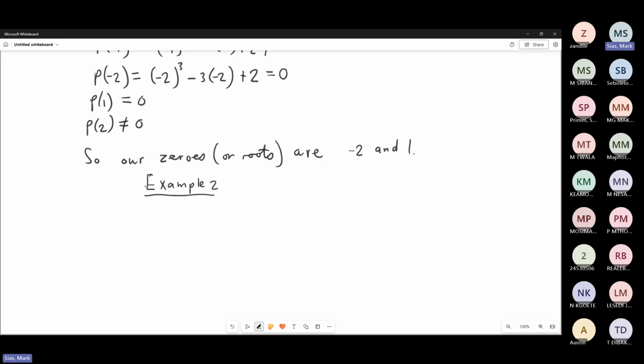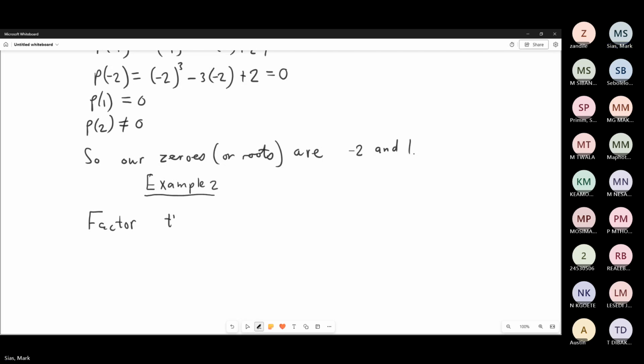Example 2. So this one asks you, factor the polynomial. I'll try and go a bit faster because you guys have an idea of the rational zeros theorem, okay? Factor the polynomial.